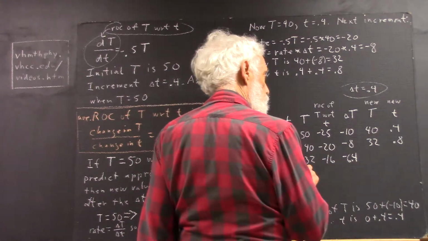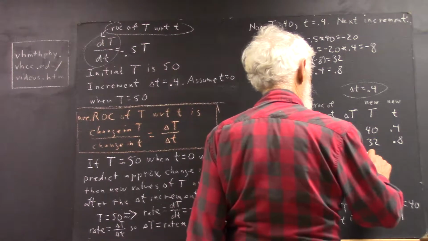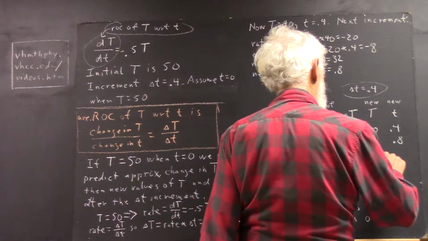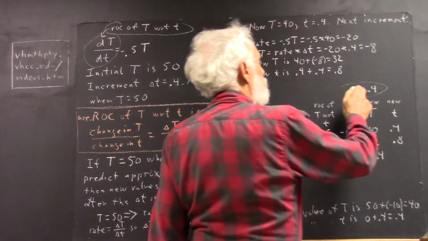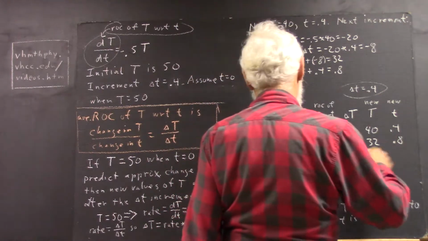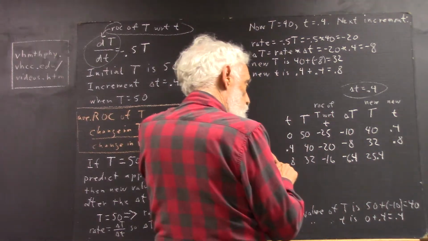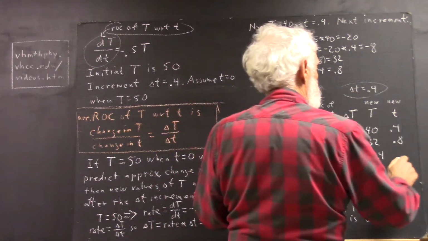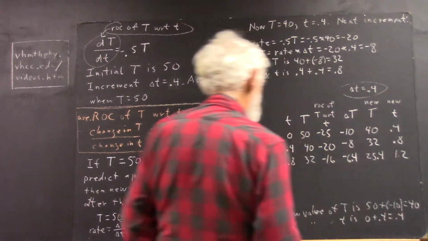We add that to our big T, and we get 25.6. And we add our delta t to our old t. Our t was 0.8, our change in t is 0.4, so we get 1.2.